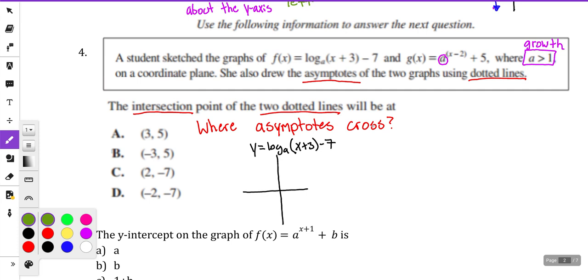It then moved 3 to the left and 7 down. For a vertical asymptote, moving down makes no difference. The only thing that mattered is that the asymptote was vertical at x equals 0, and it has moved to the left 3. It is now over here at x equals negative 3.